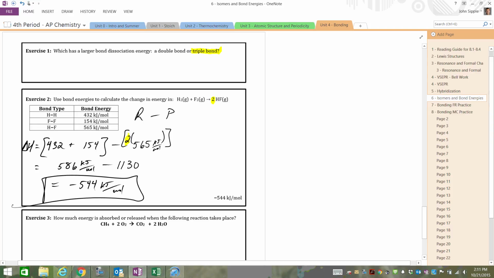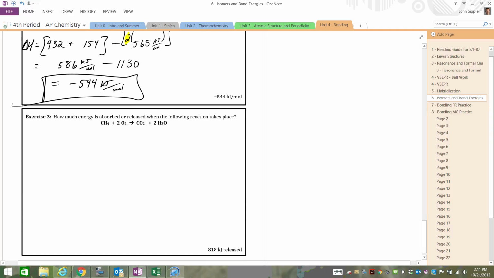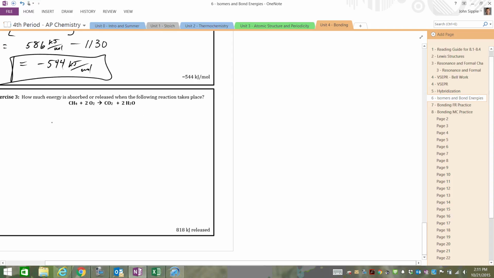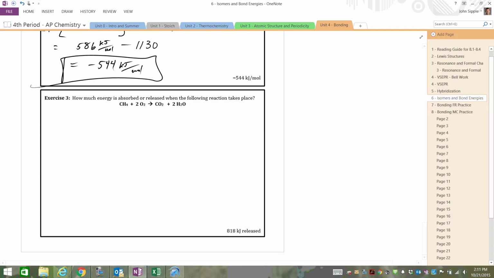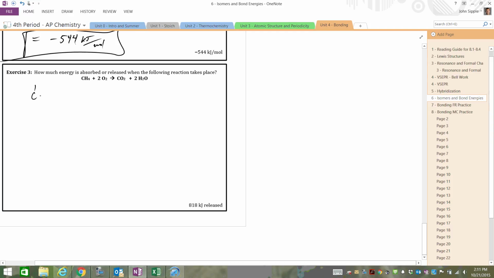All right. Let's take a look at the next reaction here. You've got methane burning. Something I want to do here: what's the Lewis dot structure for methane? What's the VSEPR shape for methane? Tetrahedral, yeah, because it's CH4. Here's methane's Lewis dot structure.